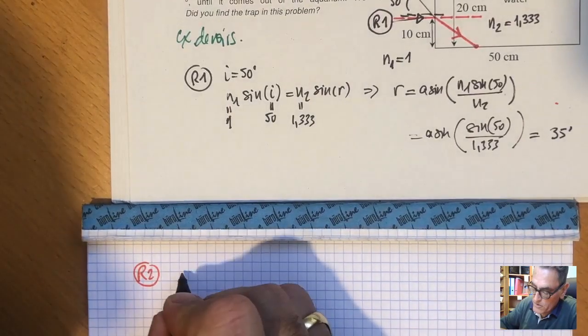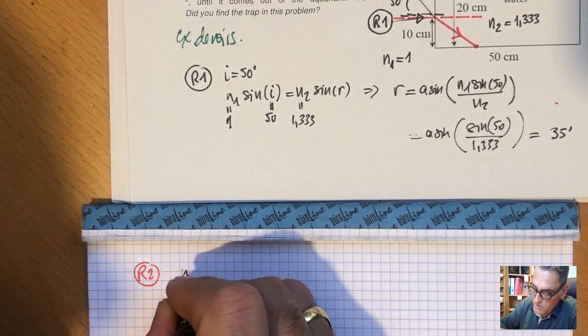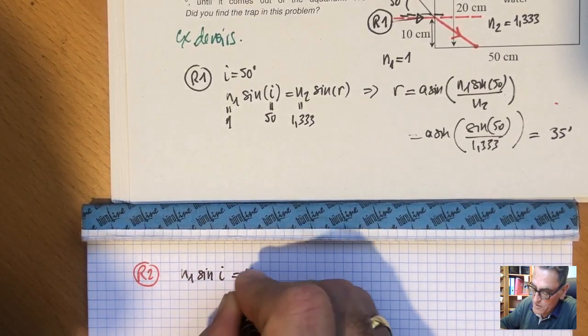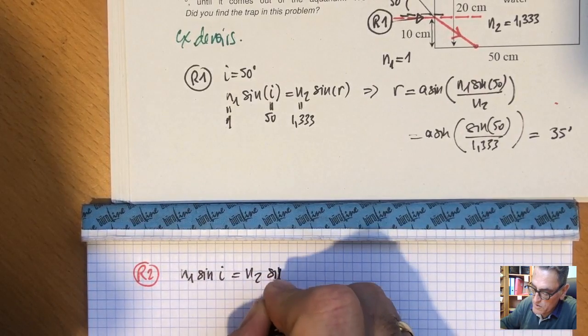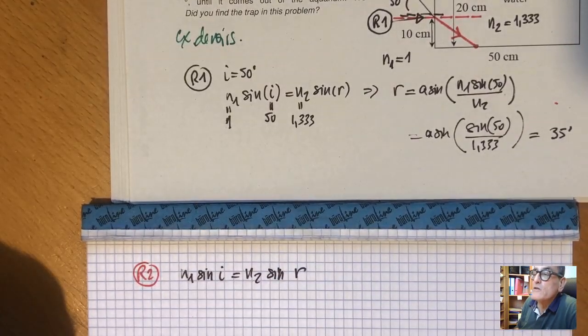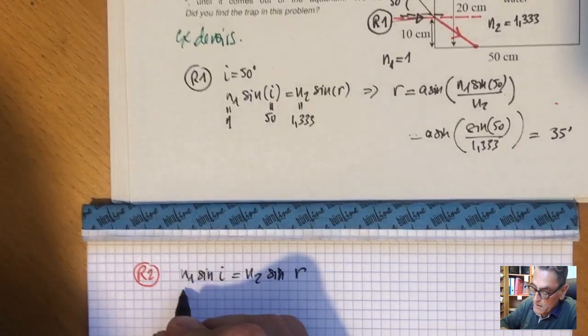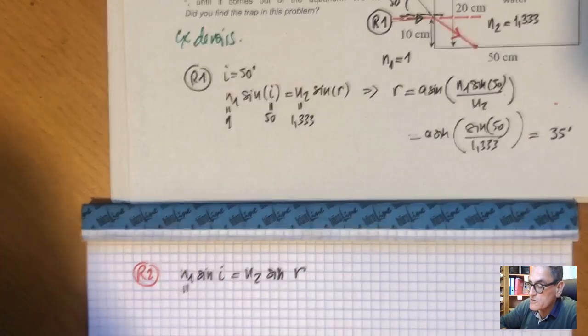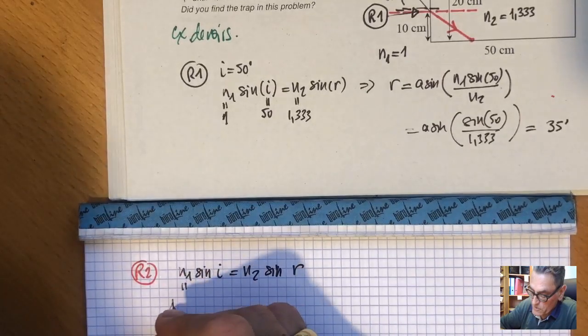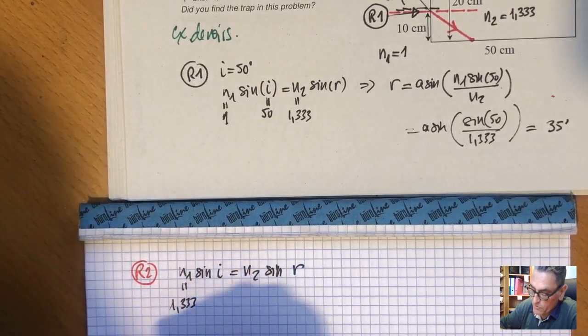What do we have? Again, we write Snell's law, N1 sine I is equal to N2 sine R. And now we have to identify what are N1, N2, I, and R. N1 is what in this case? Water. It's 1.333.